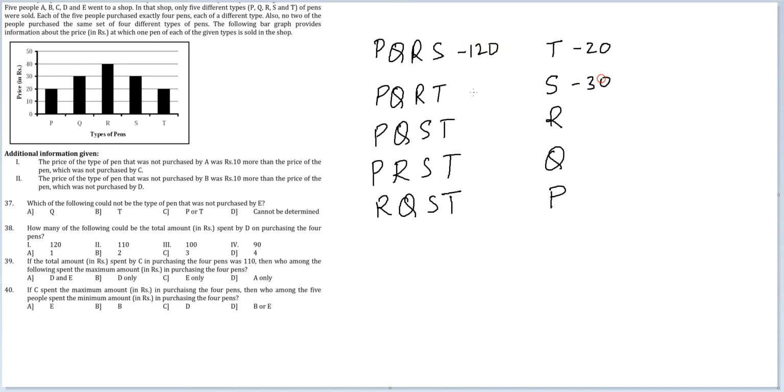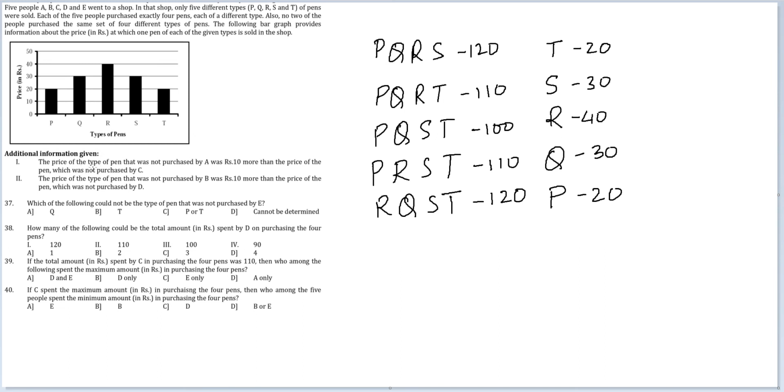S is 30, so price here would be 110. R is 40, so price here would be 100. Q is 30, so price here would be 110. And P is 20, so price here would be 120.